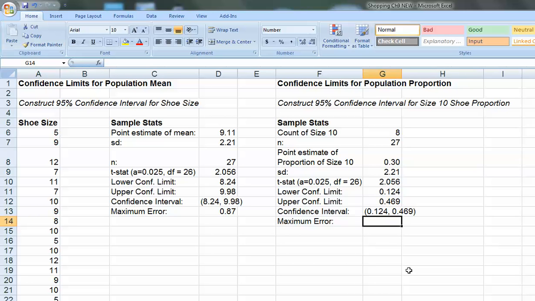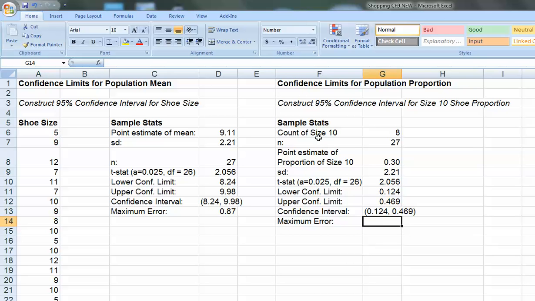What does it mean? What's the interpretation? Once again, I have an estimate of the proportion of size 10 people, and it's 0.3. About 30% of the people in the sample I drew have size 10 feet. Question is, is that the true population proportion? We don't know.